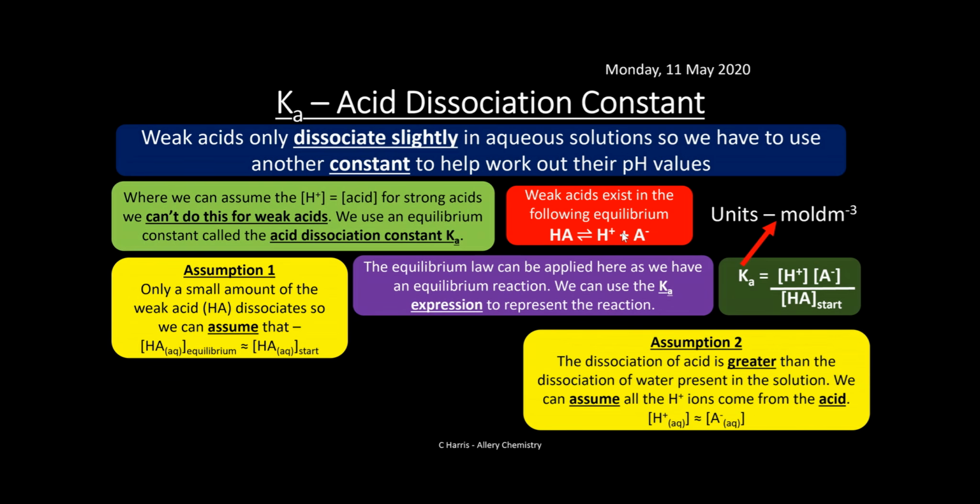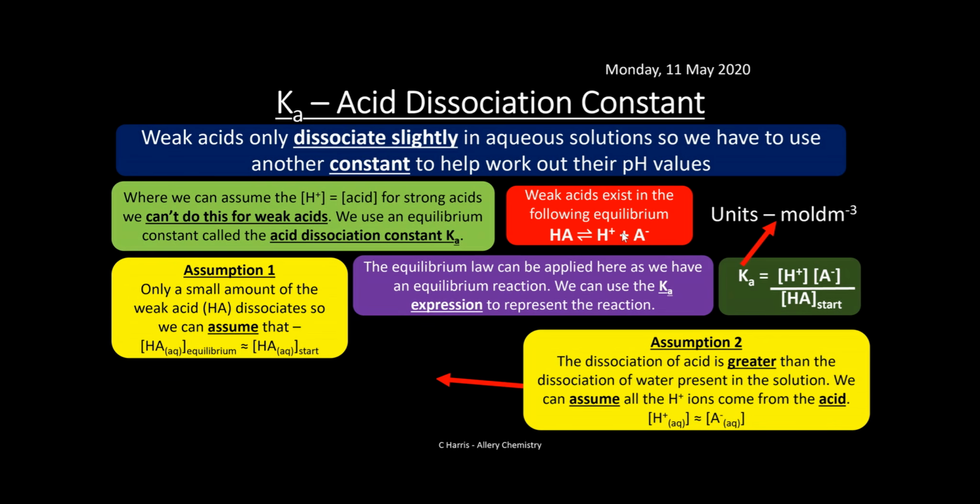The second assumption that we make is that the dissociation of acid is greater than the dissociation of water present in the solution. So we can assume that all the H plus ions in that solution come from the acid and are not coming from any slight dissociation of water. From that, we can say that the concentration of H plus ions is equal to the concentration of A minus ions present in the solution as well.